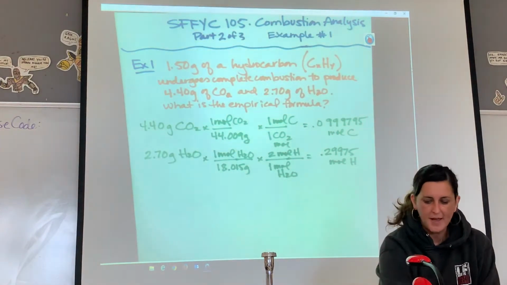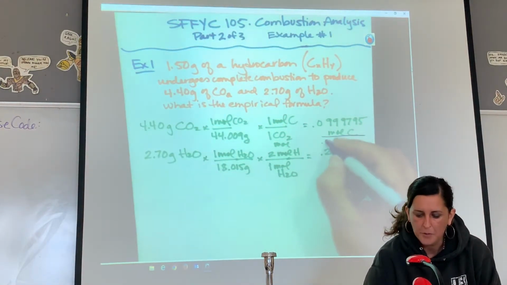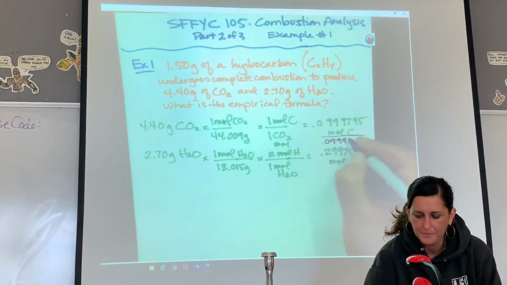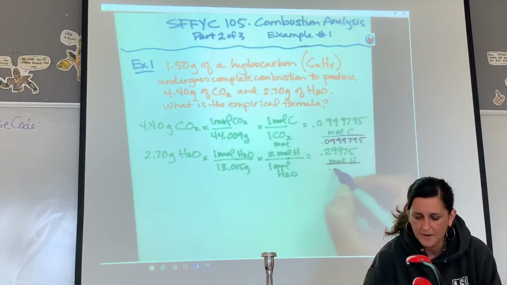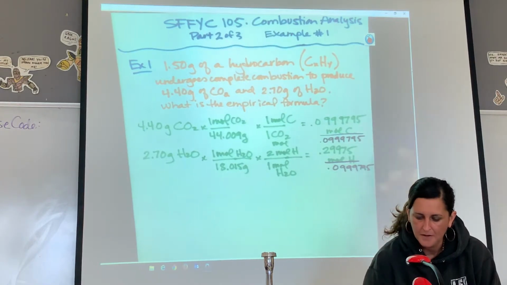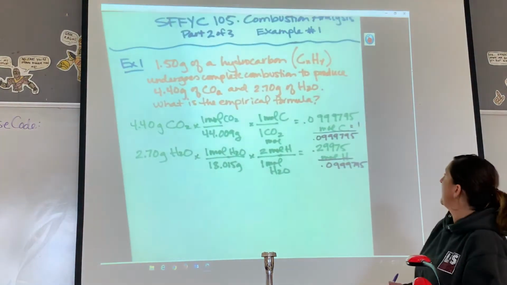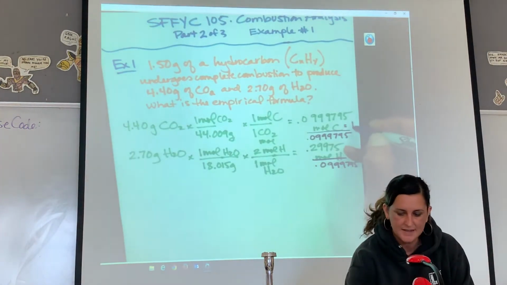And so we're going to divide both moles by the smallest moles. So we'll divide by 0.0999795. So this quotient is going to come out to be 1. Hopefully you guys can see that.